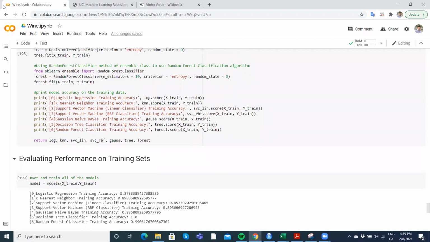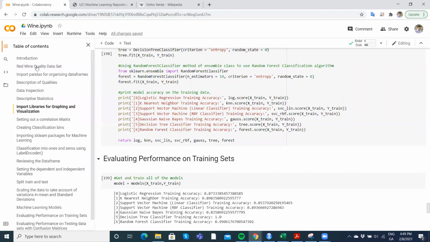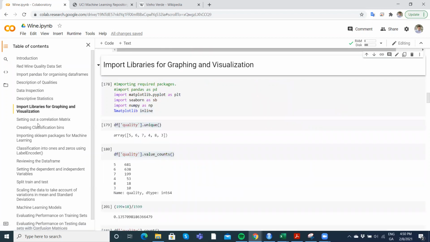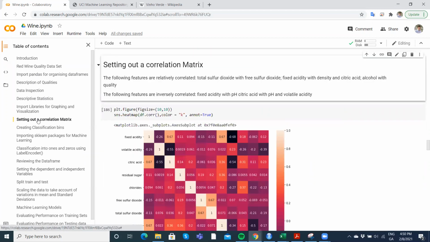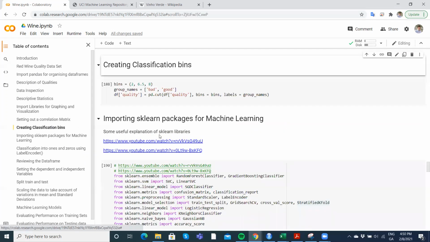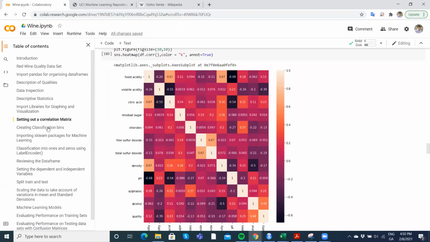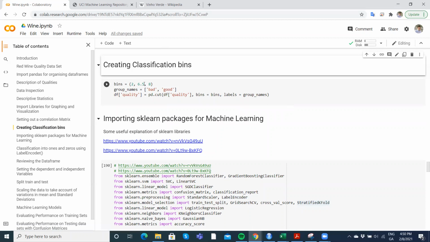Again, if we're to look here in terms of the headings, we import the data, we use pandas to get some kind of organization over the data frames. We inspect the data, we have descriptive statistics, we do visualizations, we set out a correlation matrix, right? We try to see what are the areas that are highly correlated with each other, and then we must classify either as good or bad.